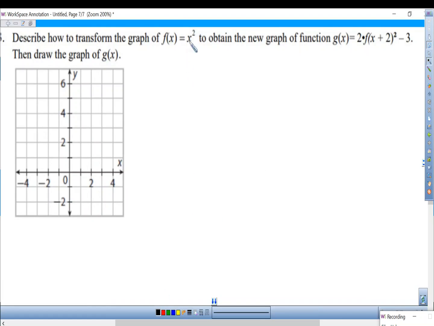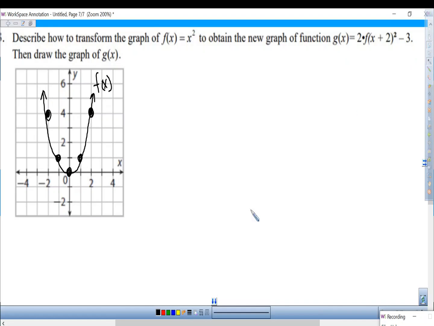Let's see. F of x equals x squared. Oh yeah, it's negative 2, 4, negative 1, 1, 0, 0, 1, 1, 2, 4. And that is f of x. But they want us to now graph according to this.